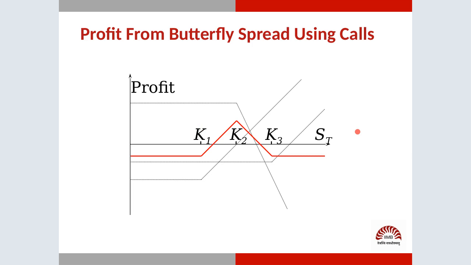That is why it is called a butterfly, because it looks like a butterfly. Now, in this case, I will only want it in this zone. I do not want spot to be on this side, and I want to make money because of that possibility. This is a long butterfly. If I go to the other one, which is a short butterfly, where I sell at the two extremes and buy only in the center, then essentially I'm assuming that the price will not remain range bound.